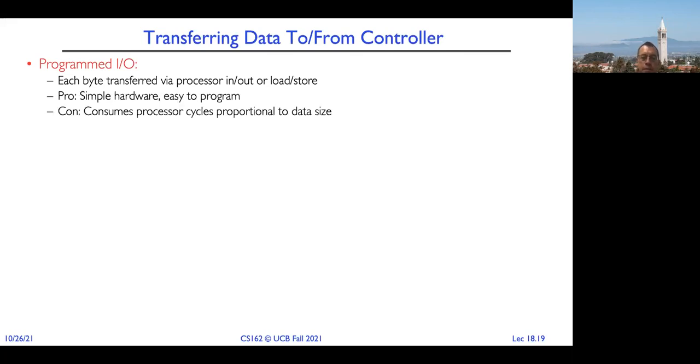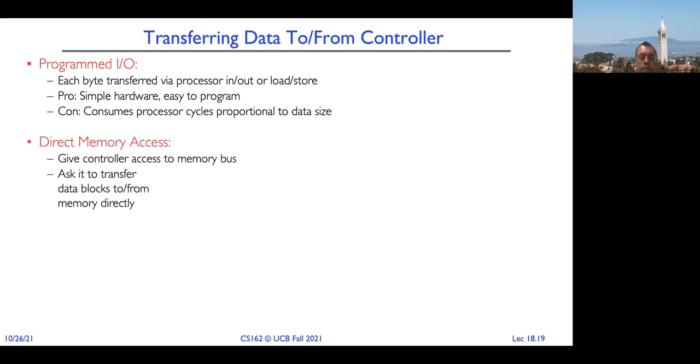It's simple. You can program everything through the computer. The disadvantage is that you are going to use a CPU for doing that. You are going to consume these resources just moving the data around, not doing useful work.